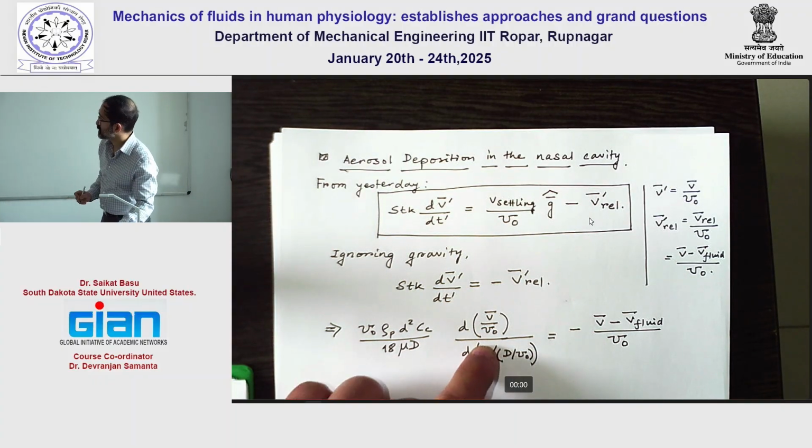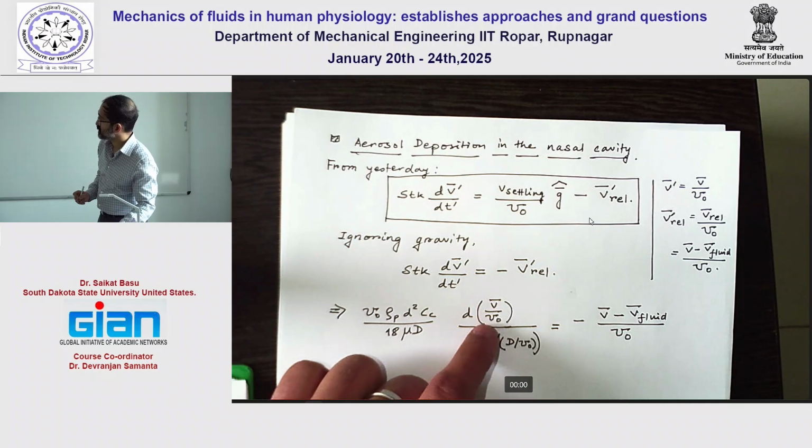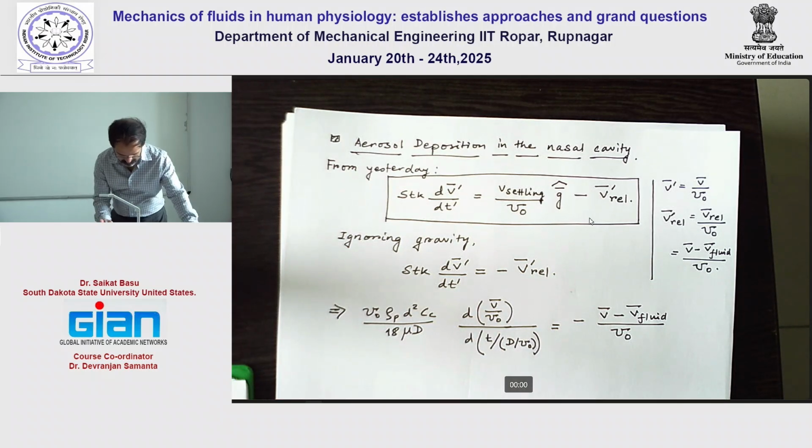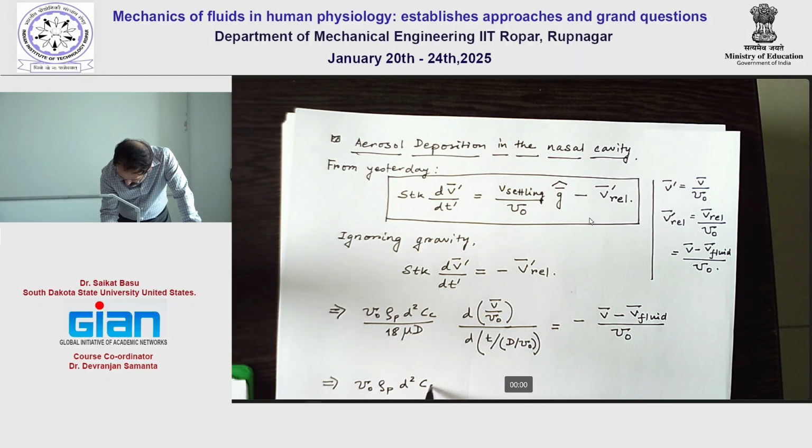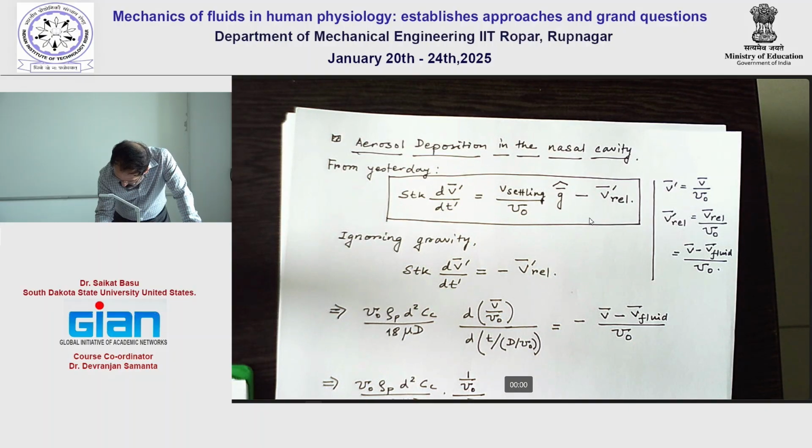Now let's take the denominators out from the differential parts. So we have u naught rho p d square Cc over 18 mu d, times 1 over u naught by d over u naught, times dv bar dt.